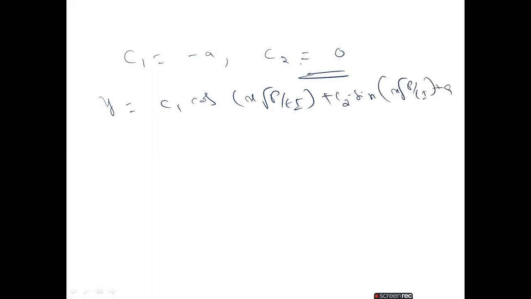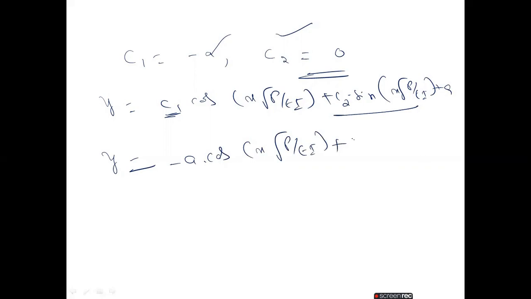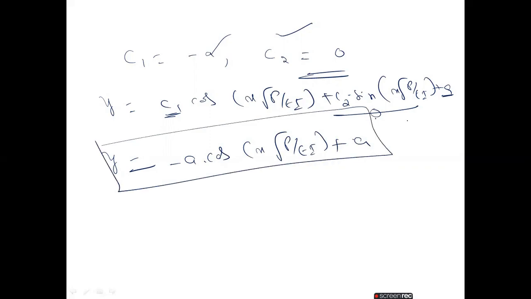So we get y equal to minus a into cos x square root of P by EI plus c2 is 0, so the entire term is 0, then plus a constant. Okay, we got the equation y equal to like this.